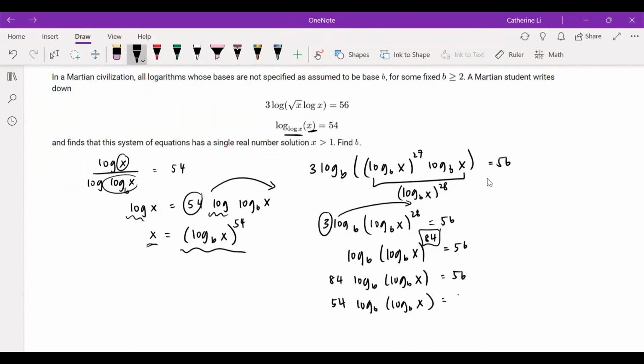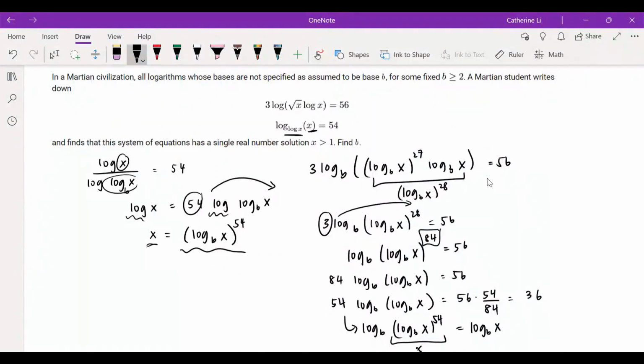So this is just going to be 56 times 54 over 84. And luckily, this turns out to be a nice number, and this is 36. So this thing is equal to log base b of x to the 54, and this is x. So log base b of x is equal to 36.